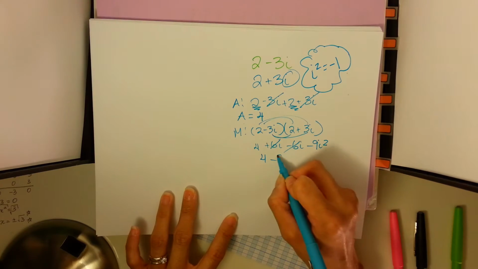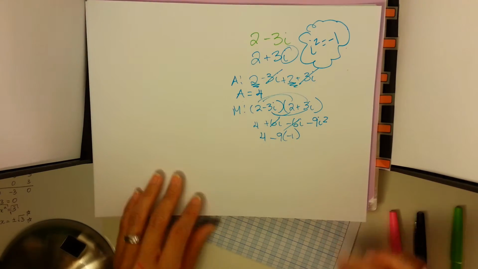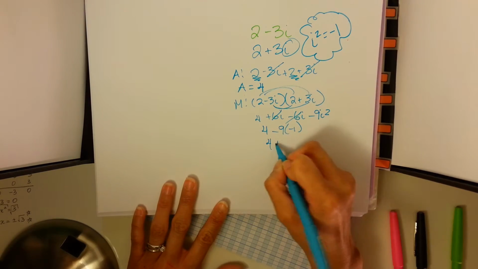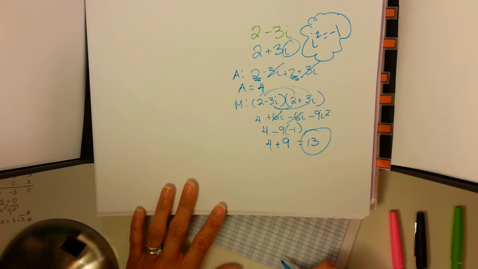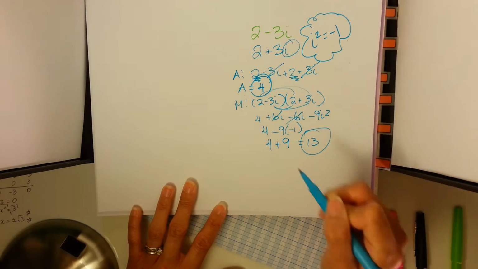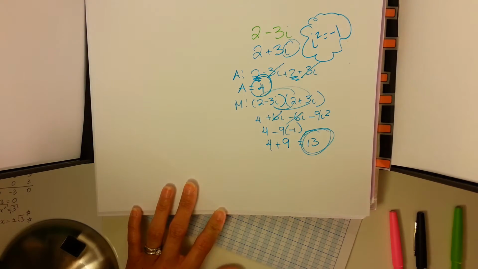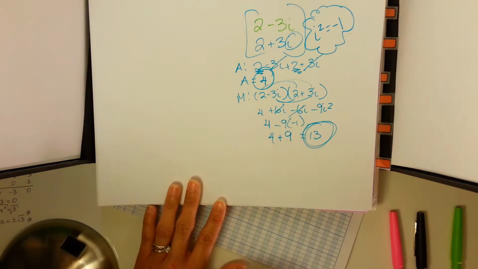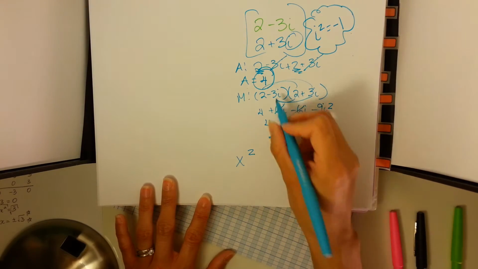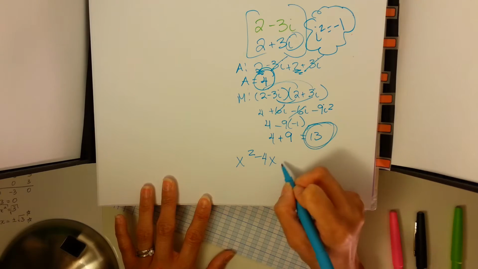So that would mean that this is negative 9 times a negative 1, so plus 9, so 13. So what happened? It added to 4, it multiplied to 13, so the simplest polynomial for this pair of roots is going to be x squared minus 4x plus 13.